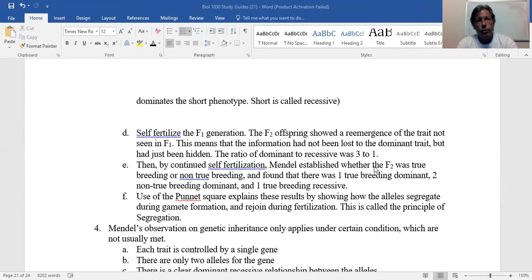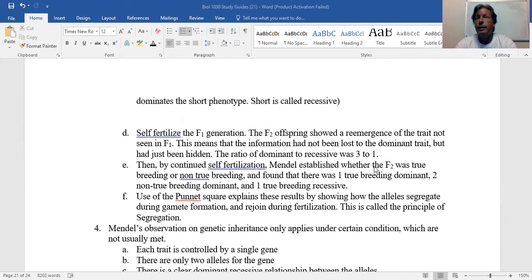If I then continue to self-fertilize each of those, what do I get? Oh, there's one more thing that Mendel did. If I self-fertilize the F1 generation, then phenotypically, what did Mendel see? Phenotypically, 3 dominant, 1 recessive.